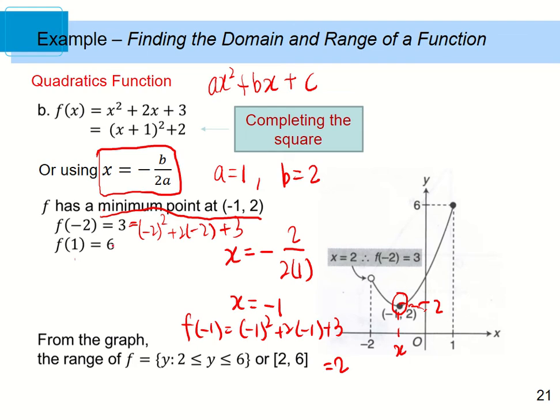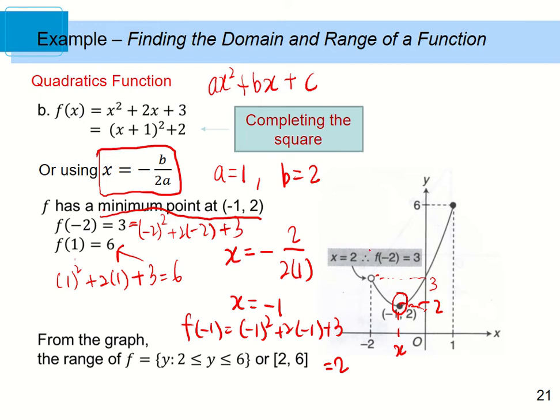When the x is 1, we substitute into the function: 1 squared plus 2 times 1 plus 3, and the answer is 6. So for this point, when the x is negative 2, the y is 3. And when the x is 1, the y is 6.